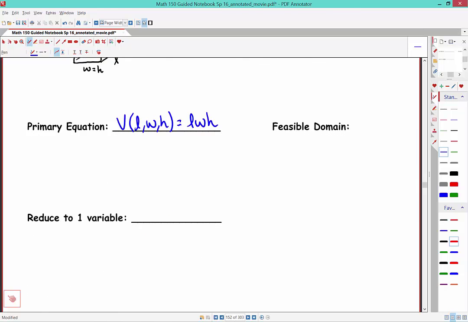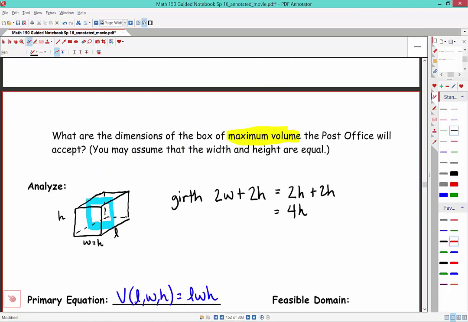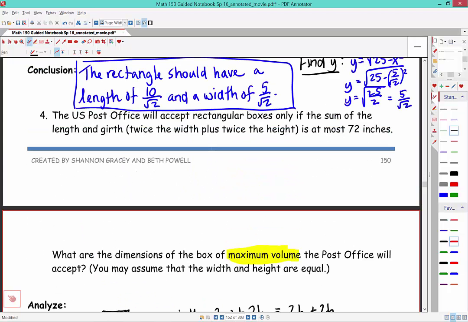So we know that W equals H, and we also know that the sum of the length and the girth has to be at most 72 inches, right?